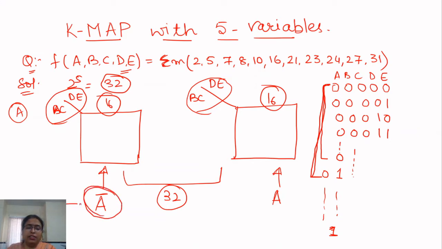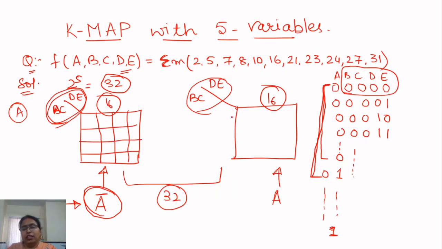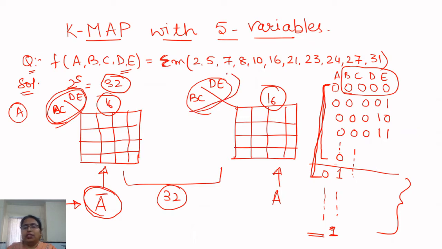B, C, D, E will change, and we use a K-map with 4 variables B, C, D, and E. Similarly, for the next 16 bits, when A is 1, we use another K-map with 16 cells and 4 variables B, C, D, and E.